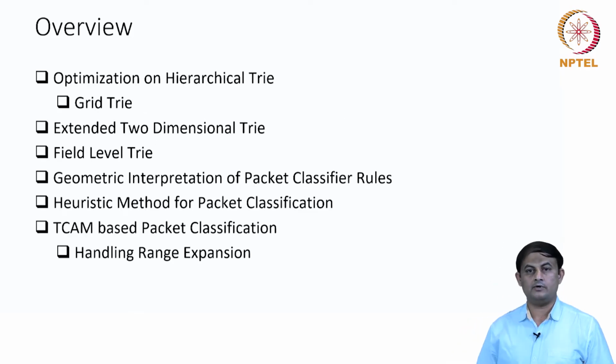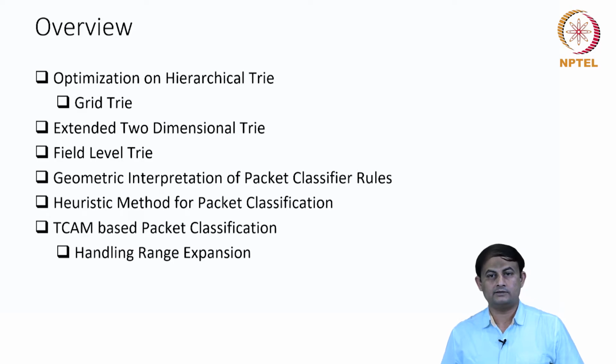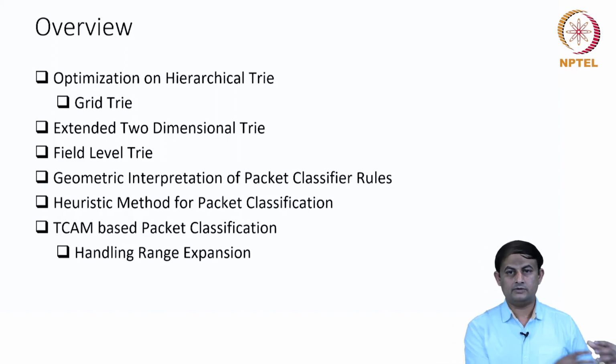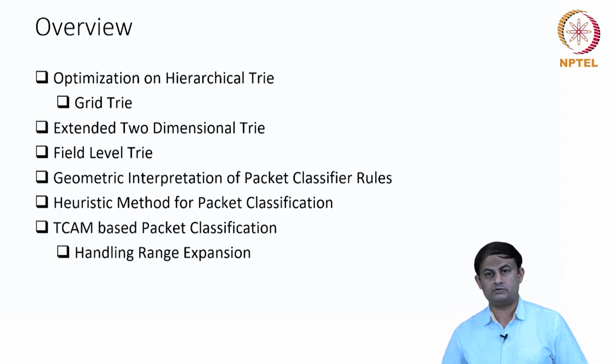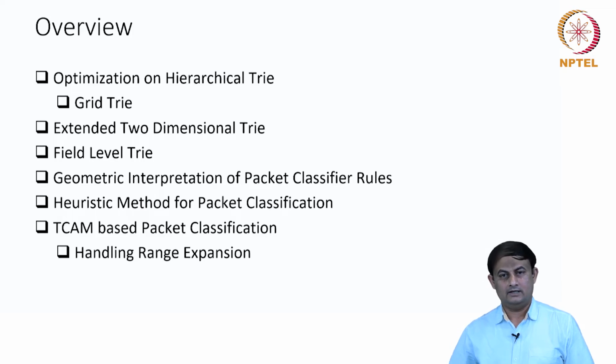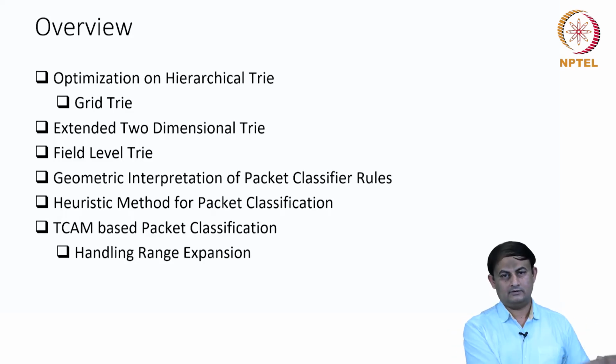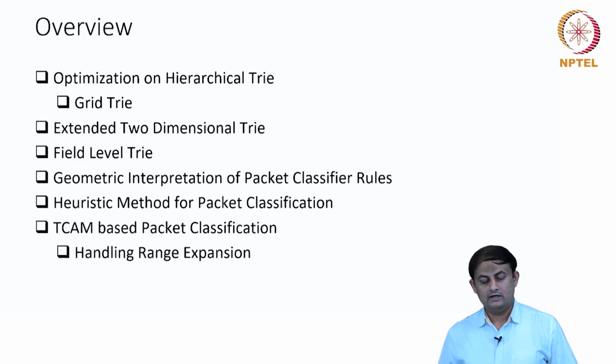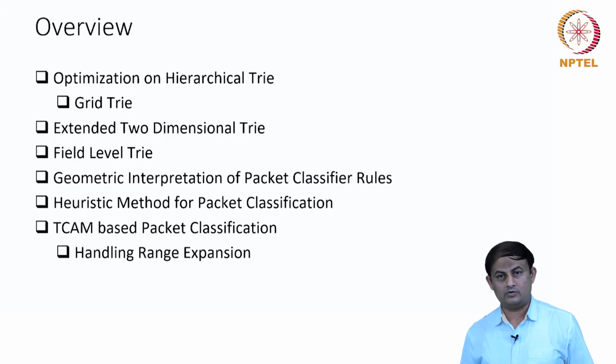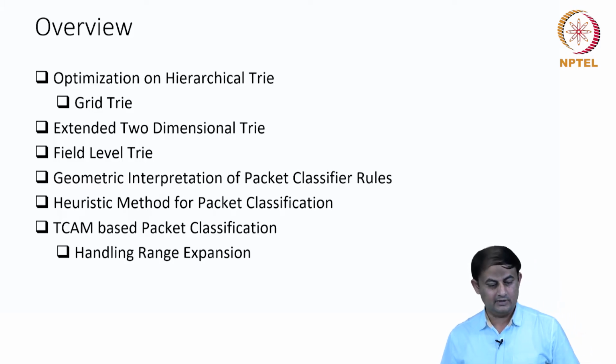And the agenda for today's lecture goes something like this. We saw some of the data structures for implementing the rules of the classifier. And we saw one optimization that you can bring, particularly something called the set prune trie on the basic hierarchical trie structure, and we'll see one more optimization on that today.